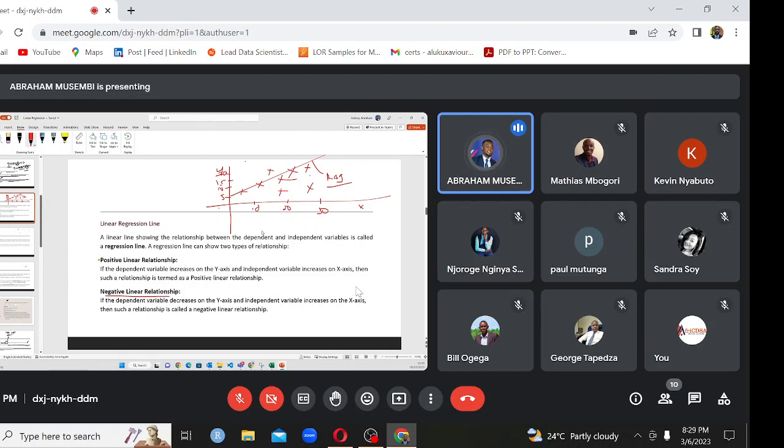For example, if we increase x, what is happening to y? Can someone tell me, if we increase the x value, will the y value increase or decrease? Let's take the value of y when x is 10. Yes, Bill?